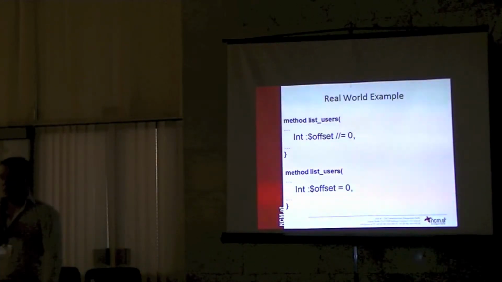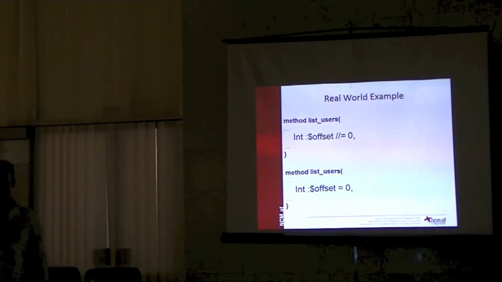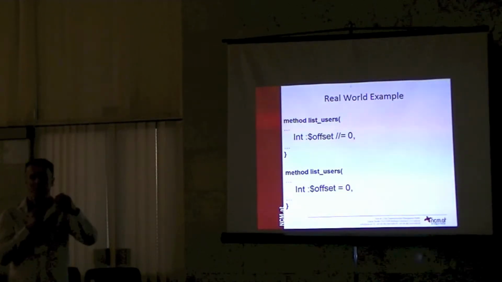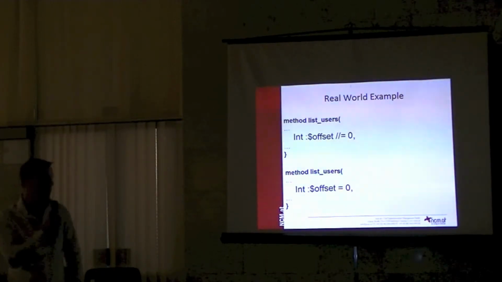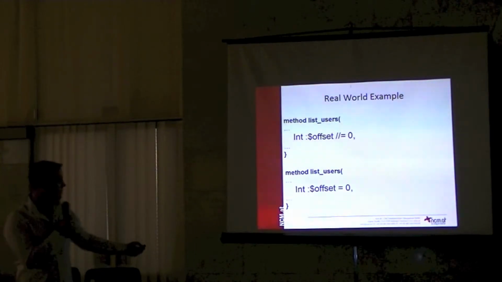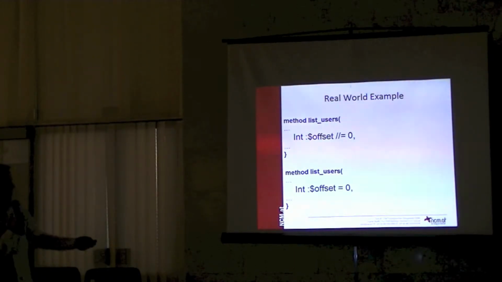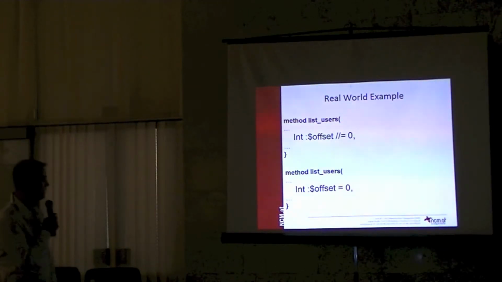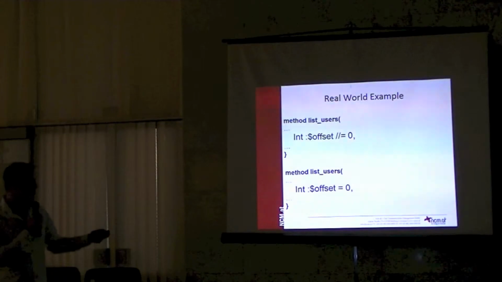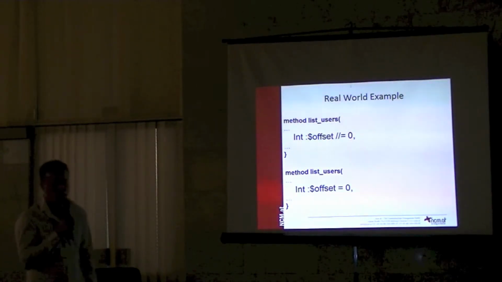So the next parameter we have is the offset. I want to give an offset of my list, so I want to do paging. It's very useful. So we have an integer again, we have the colon and a named parameter. And there are two ways to do default values in method signatures. I personally prefer the first one, and the difference between those two is the following.